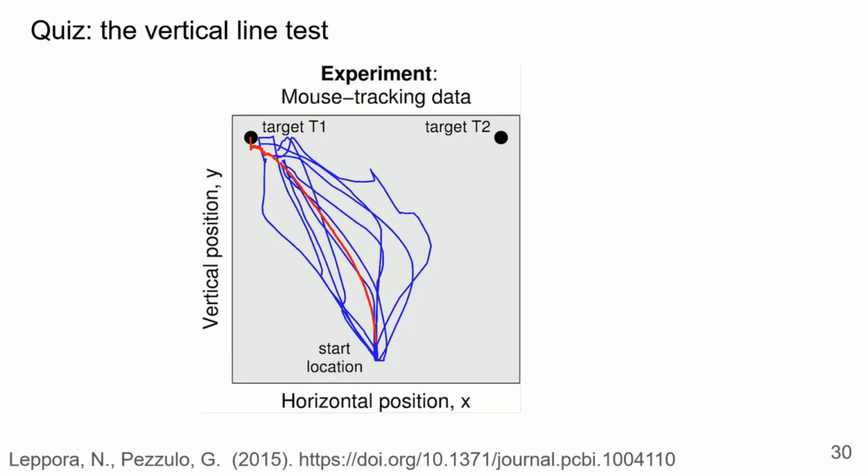But here, these plots are actually tracking the movement of mice in 2D space. So the mice can move in any direction. So as a result, you would not expect these traces to obey the vertical line rule. So this would be an instance where the vertical line rule would not apply.